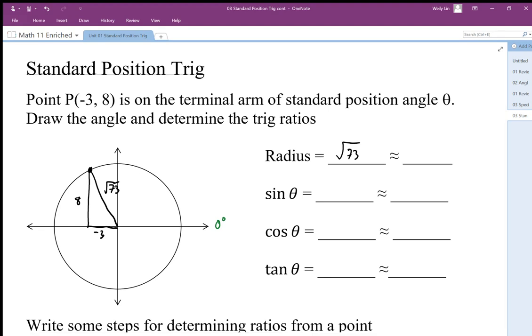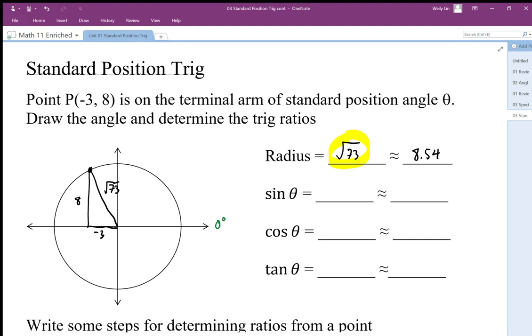Although they're perfectly fine, and it's good to know the numerical values of some of these things, we want to try to apply things in exact values. So it's going to be 8.54 approximately. But we want to make sure that we're using the exact value when we're doing any of our work. So there it is.